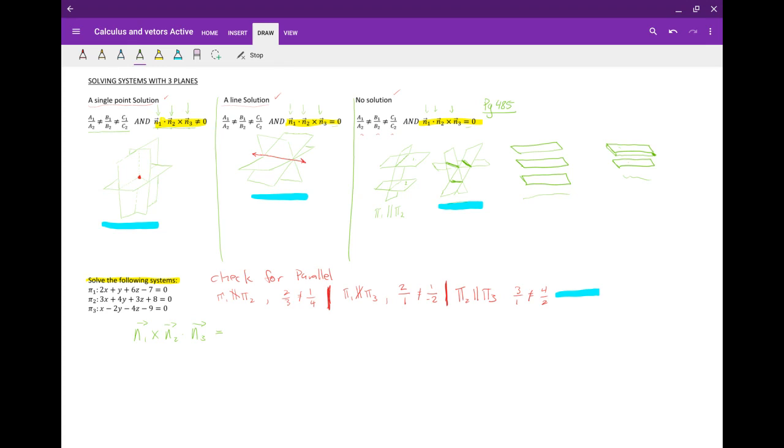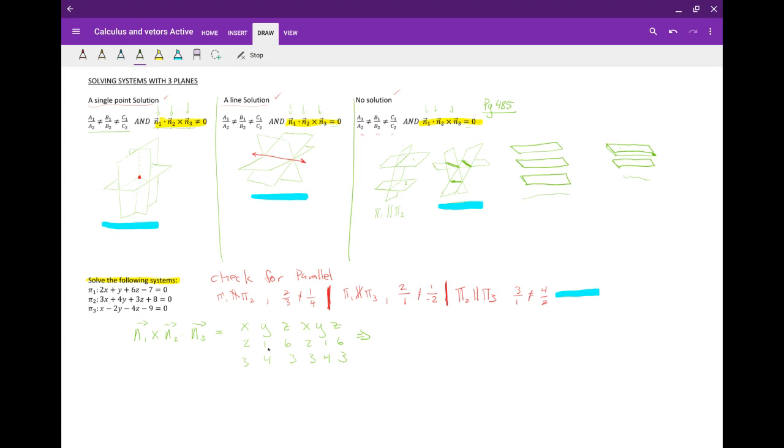And so I'm going to do my X, Y, Z. And so my cross product is going to be 2, 1, 6, 2, 1, 6, and then it's going to be 3, 4, 3, 3, 4, 3. So I'm going to go ahead and do this cross product.